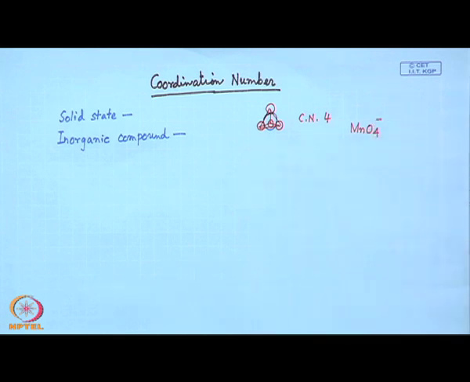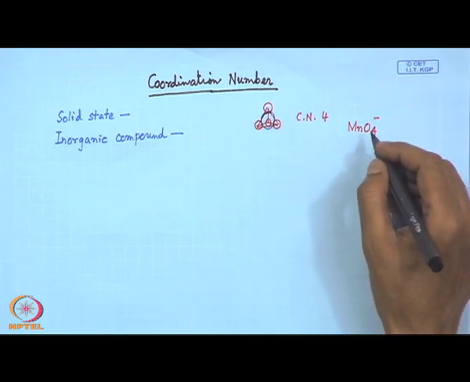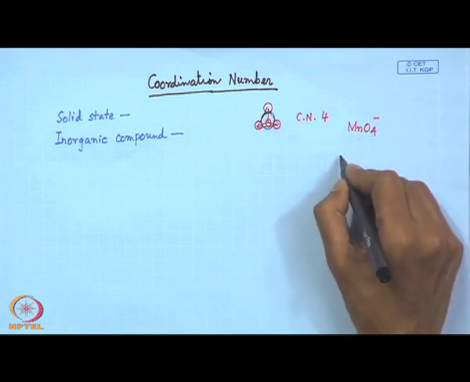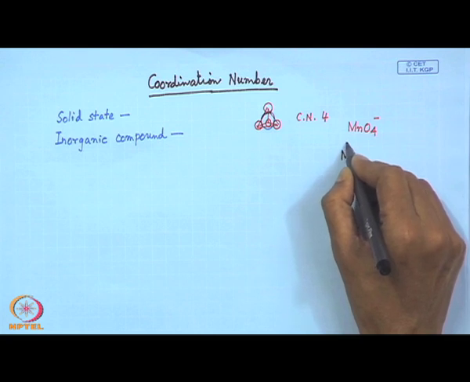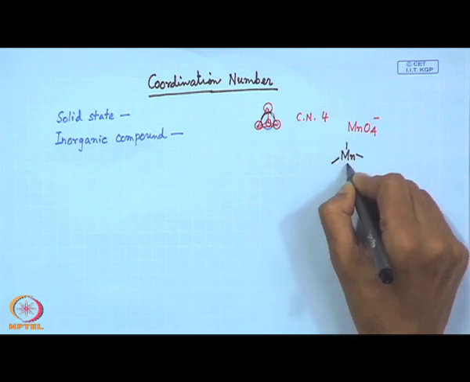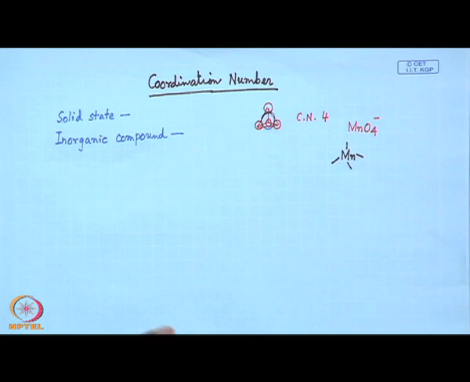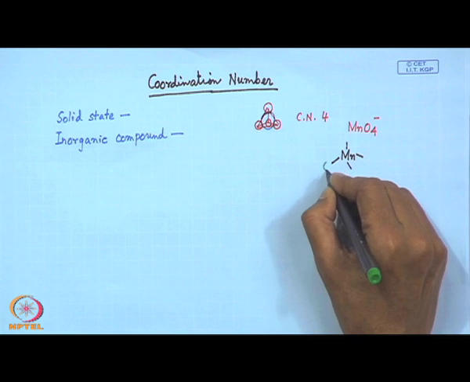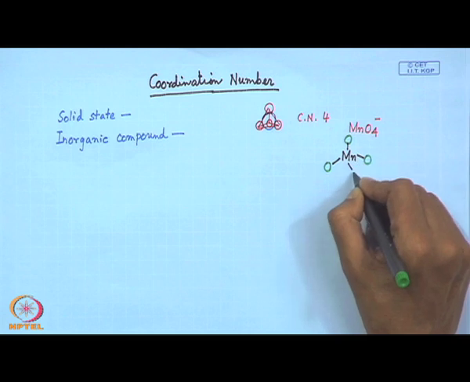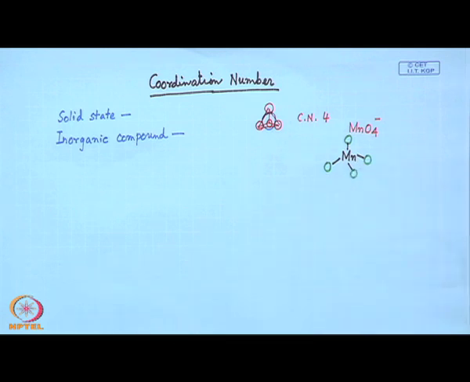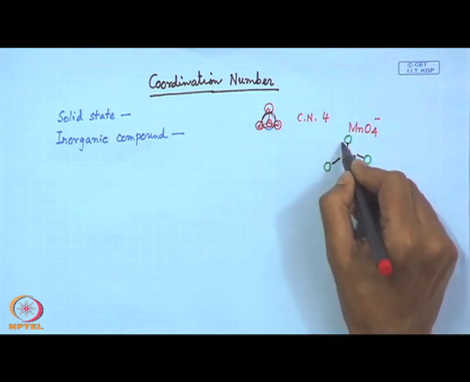We all know that KMnO4 when dissolved in water gives MnO4 minus, and in that particular case the manganese center, which is in +7 oxidation state, is bound to 4 oxygen atoms, again in a typical tetrahedral geometry.